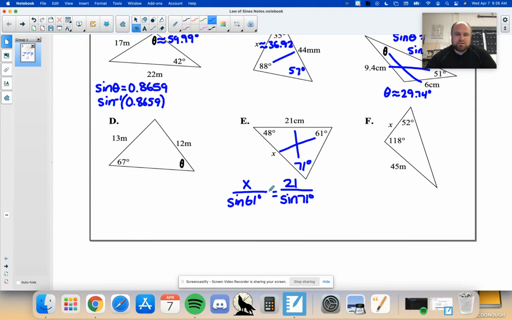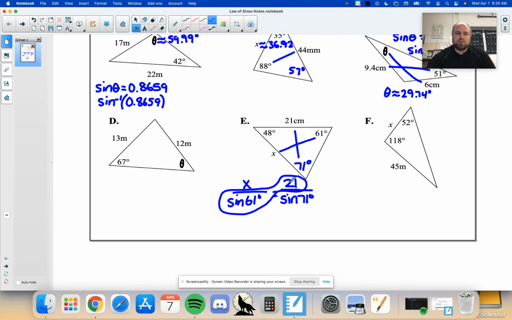Now, again, I look at this and I go, okay, the x is what I'm looking for, and x is diagonal from sine of 71. So I'm going to ignore those right away, and I'm going to take the two that actually I have values for, and that would be 21 and the sine of 61. So I'm going to take 21 times the sine of 61, and that gives me 18.367.